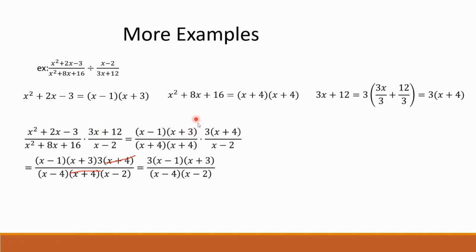I just factored the numerator and denominators, although x minus 2 you can't factor. Then you cancel common factors. So we multiply, then we cancel common factors.